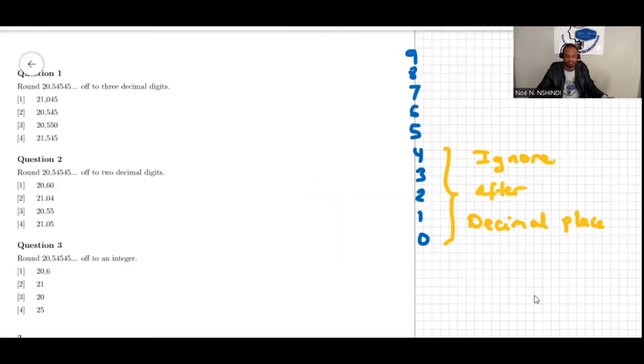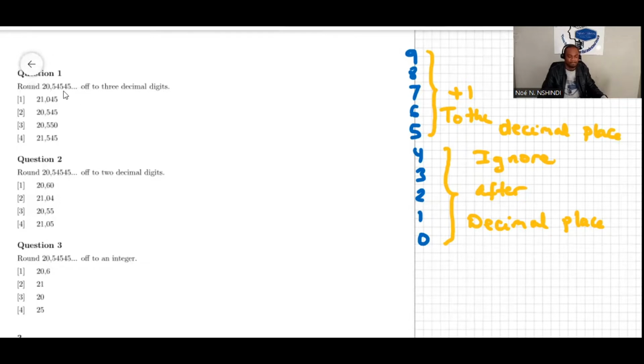Now, for digits that are 5 or more, we are going to add 1 unit to the decimal place value.